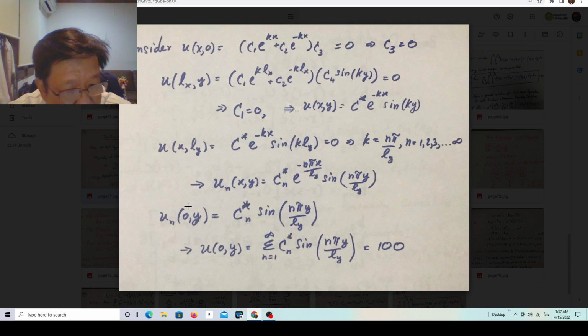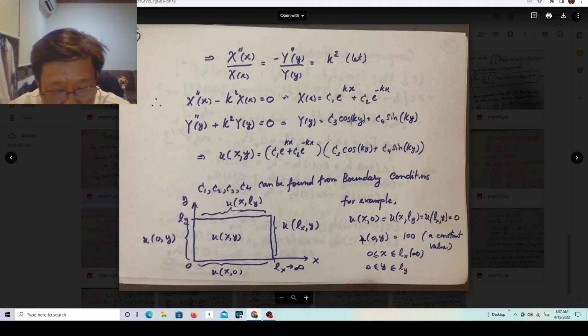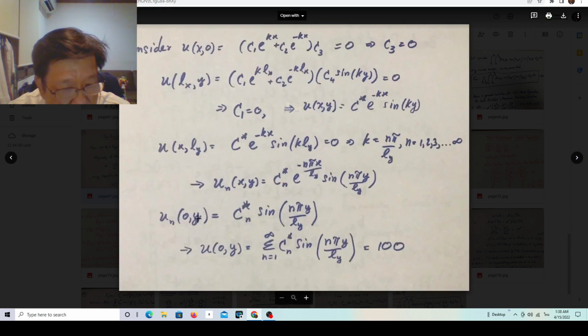And we can apply this for the fourth boundary condition then. So for each n, we know that u at 0, y has to be the constant value 0. So this one we substitute from here, you get this c_n, and you know that when x is equal to 0, this term becomes 1, and this one also relies on n, for each possible n.